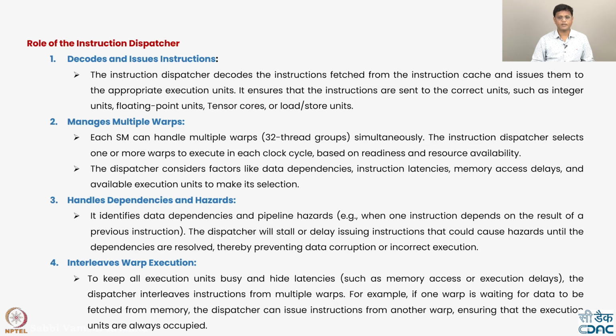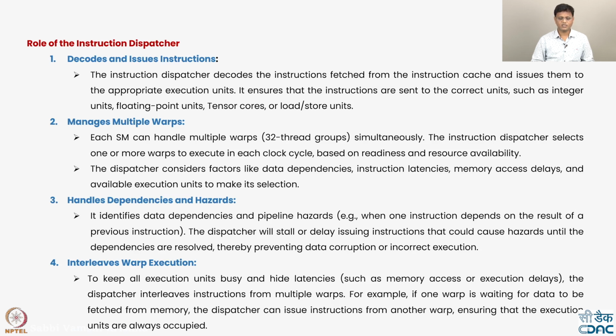Role of instruction dispatcher. The instruction dispatcher mainly performs 4 different operations. It decodes and issues the instruction, manages the multiple threads, handles dependency and hazards, and interleaves warp execution.